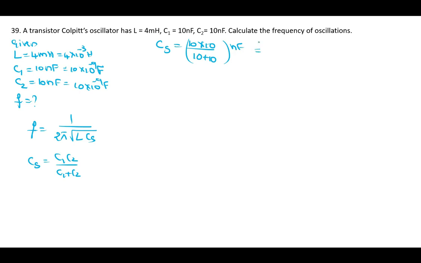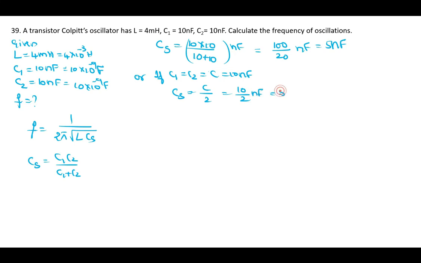Instead of getting confused, I can do that: this is 100 by 20 nanofarad, that is 5 nanofarad. Or if C1 is equal to C2 is equal to C is equal to 10 nanofarad, then CS will be equal to C by 2. That is 10 by 2 nanofarad, that is 5 nanofarad. Whichever you want, you can use that formula.